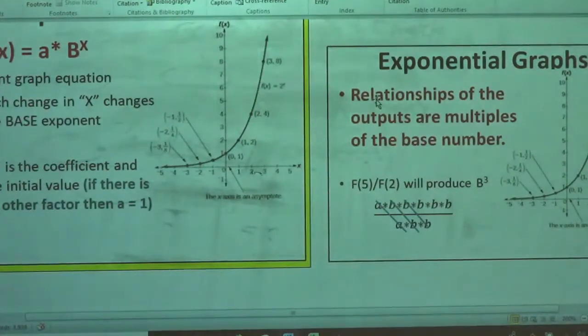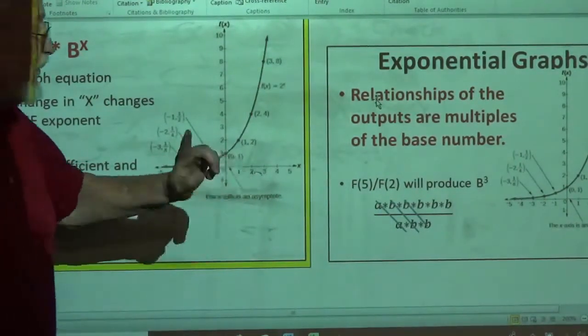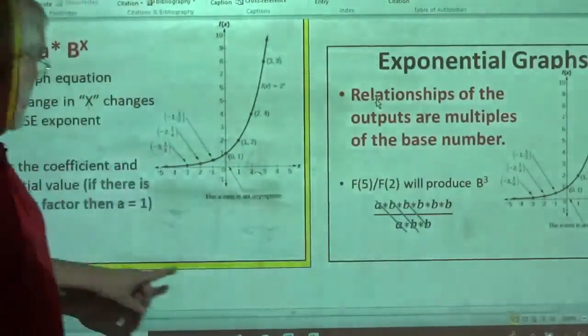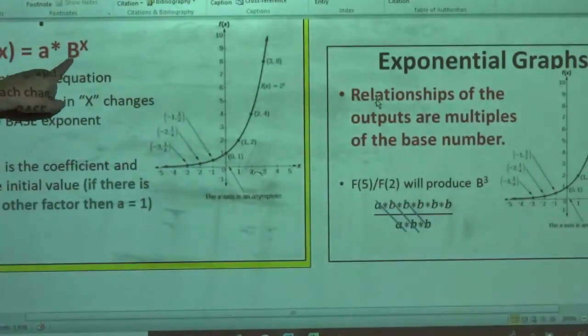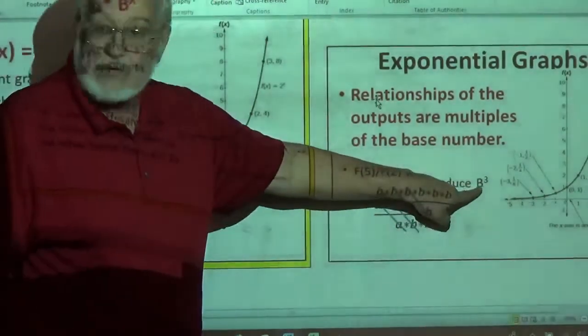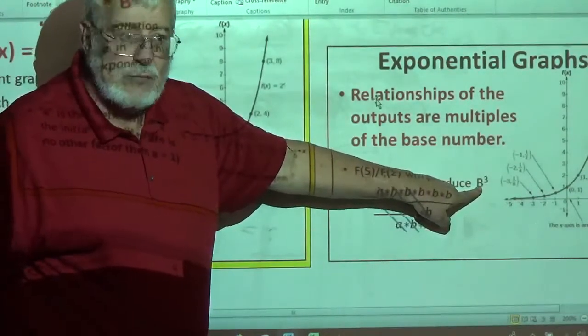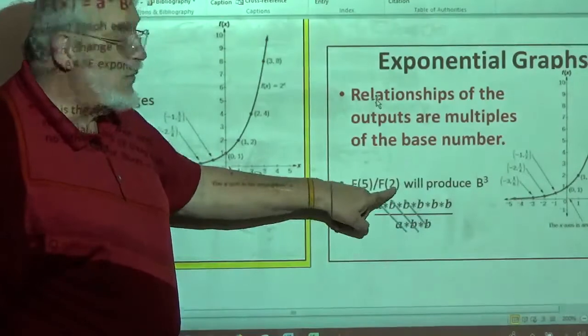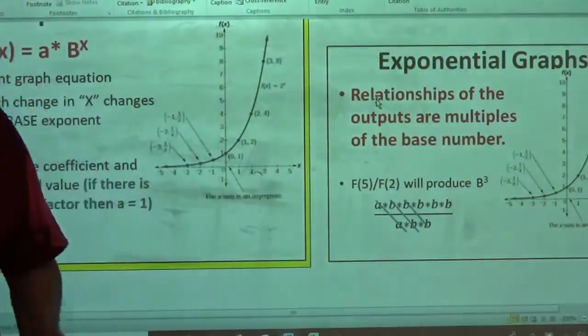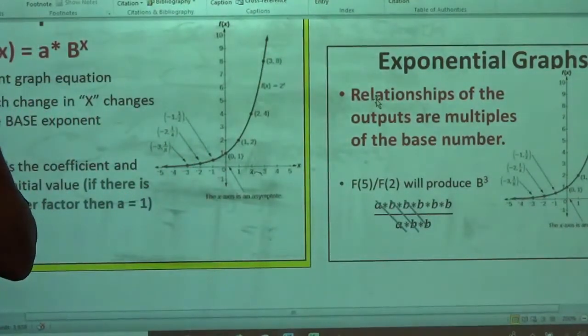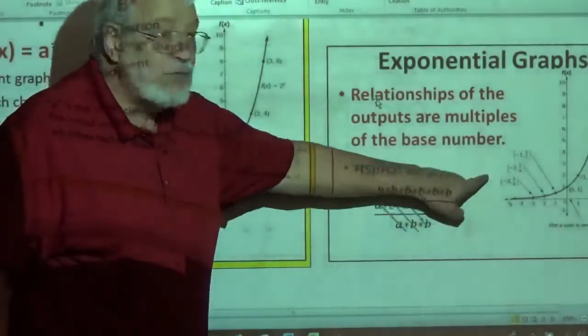That make sense? All right, so if I want to find the value of the base number, what do I do? Take the cube root. Okay, suppose this had been 2 and 4. How far apart is that? 1. That means whatever that is would have been b to the first.